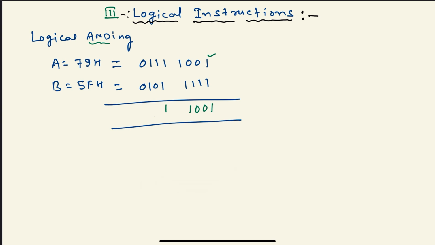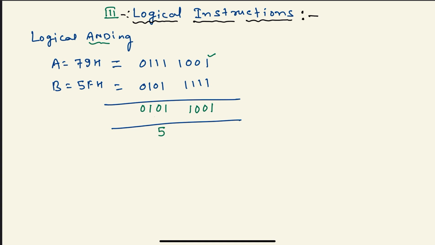Then 1 ANDed with 0, the output will be 0. Then 1 ANDed with 1, the output will be 1. And at the last, the 8th stage, 0 ANDed with 0 will be 0.